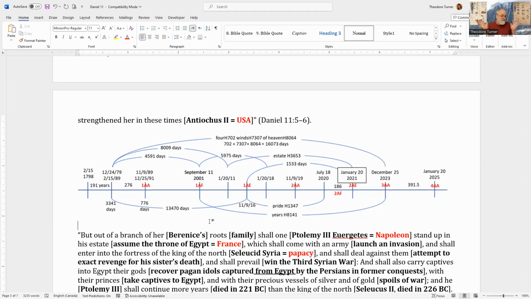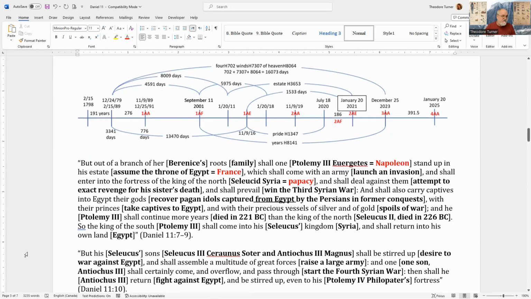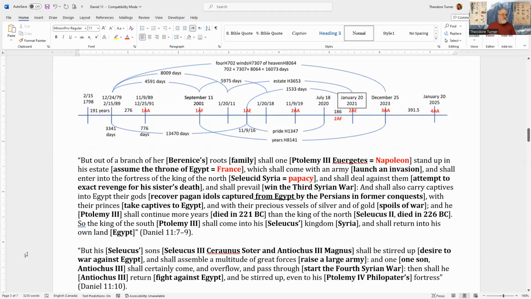Because when we look at this line, because this is the line we drew out for this, it fits with what we have in these parallels. But now when we look at the next section, do we go back to the time of the end?